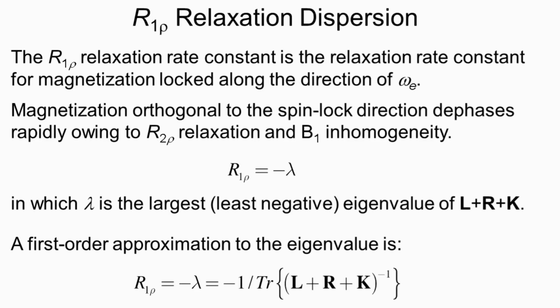And this turns out to be actually quite simple. The approximate eigenvalue, or a first order approximation to the eigenvalue, is simply the negative of 1 over the trace of the inverse of the matrix, of the Bloch-McConnell matrix. I say that's a simple result.